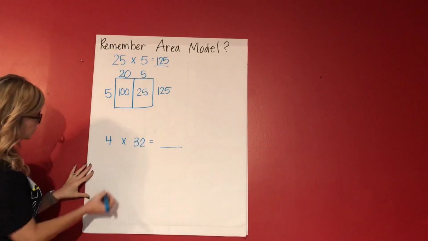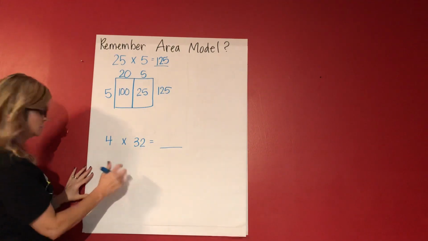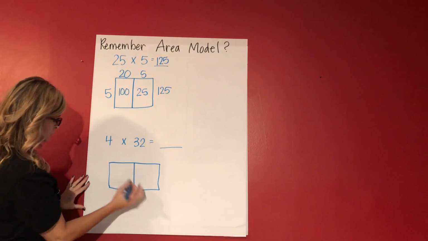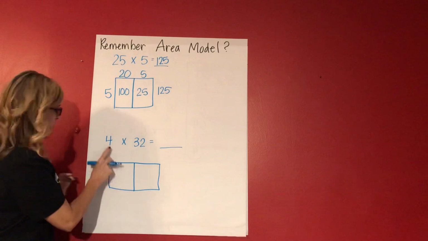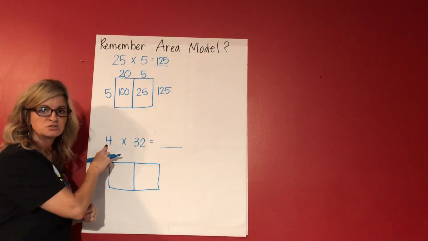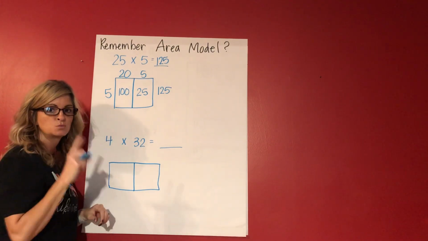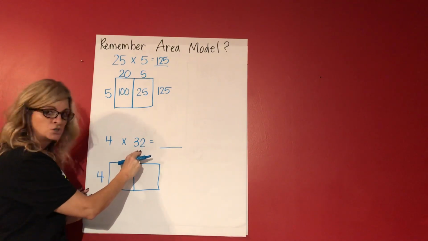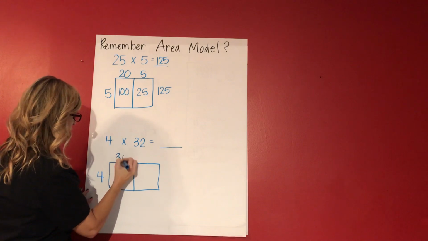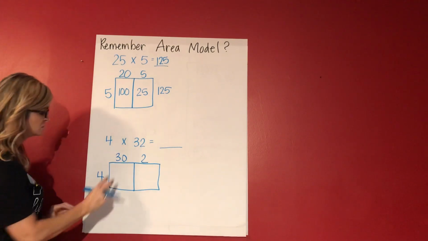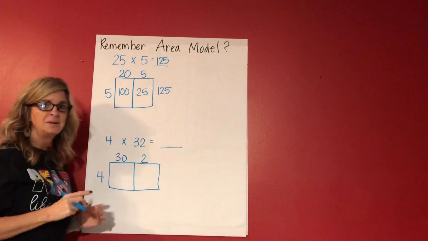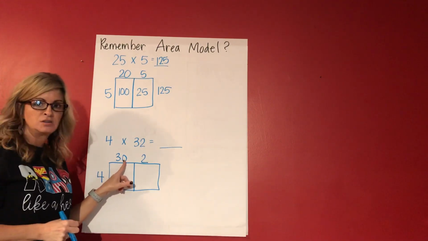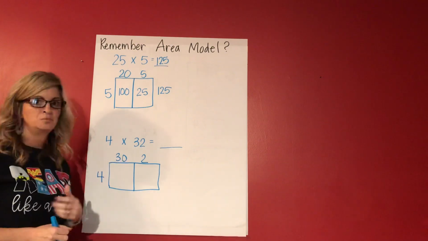All right, we're going to do one more, 4 times 32. In the same way, since we only have 1 digit, we only need 2 boxes instead of 4 because one of our factors only has 1 digit. So we're going to put our 4 over here, and we would break 32 into 30 and 2 because it's always easier to multiply by tens. Since there's a 0 in the ones place of 30, 4 times 30 should be fairly simple.